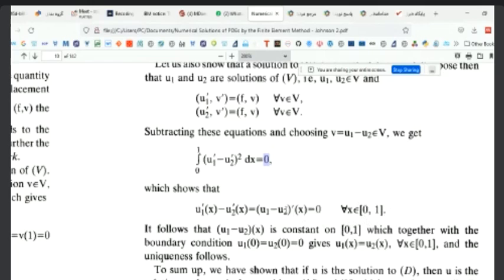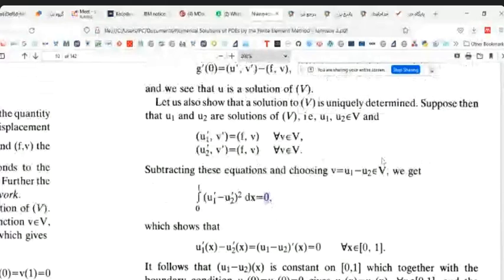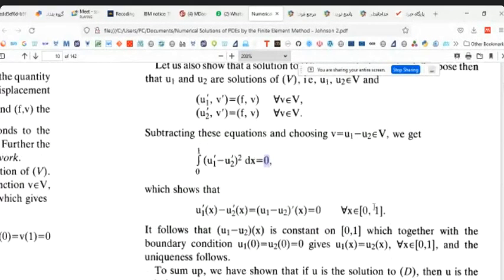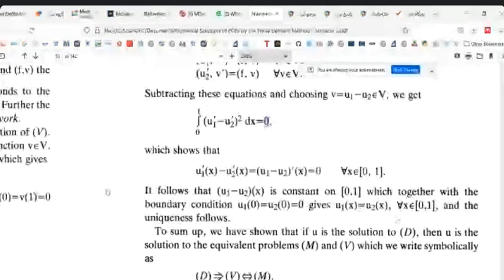So from this inference we can be confident that U1 and U2 are the same, and the variational problem has a unique solution.